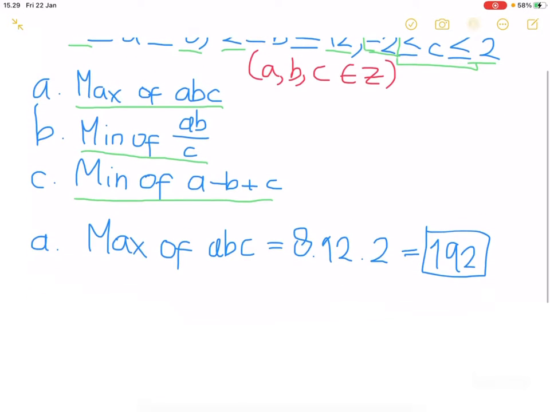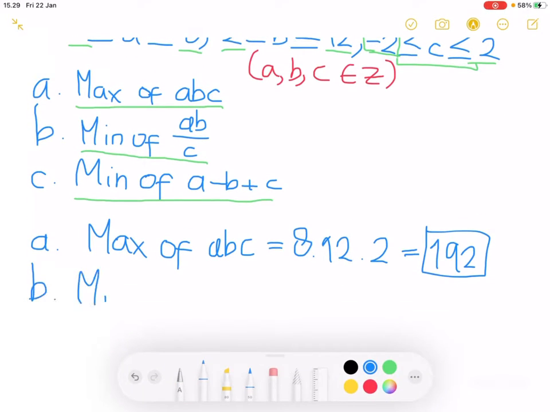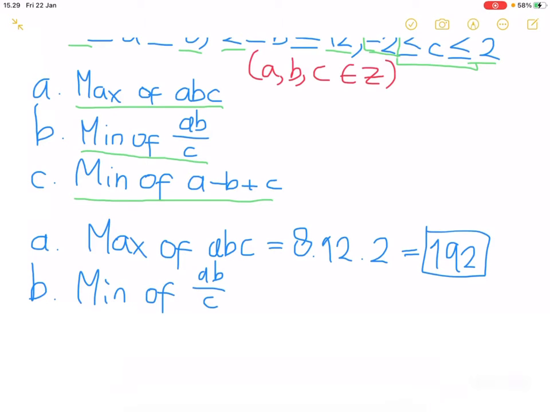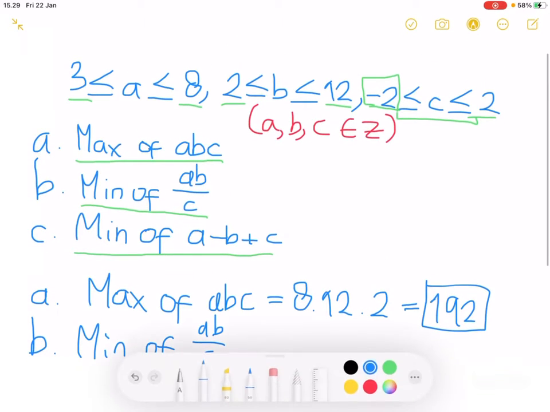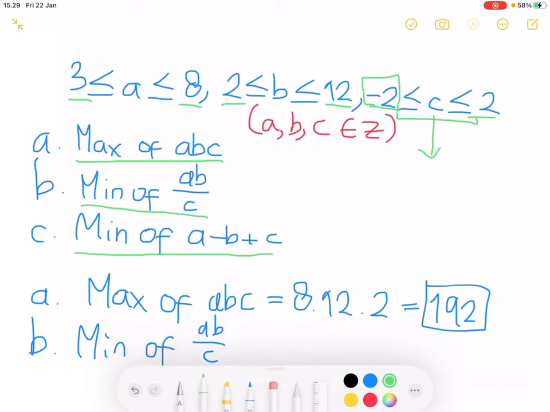Okay, for the second part, I'm going to find the minimum value of A, B over C. And as we knew before, C is the only variable that contains a negative value. But this gives us a clue, because if we choose -2 right here, it gives us a negative value, and then we can just choose A and B to be maximum, and therefore we get the minimum value.